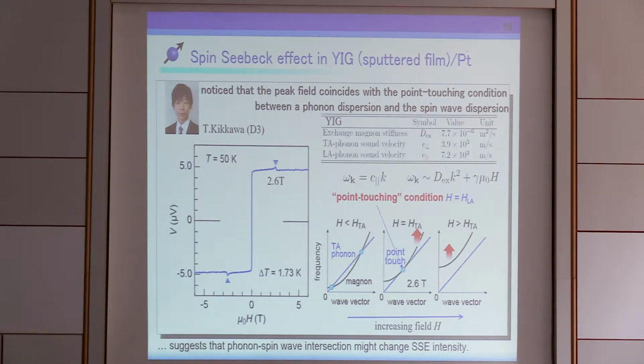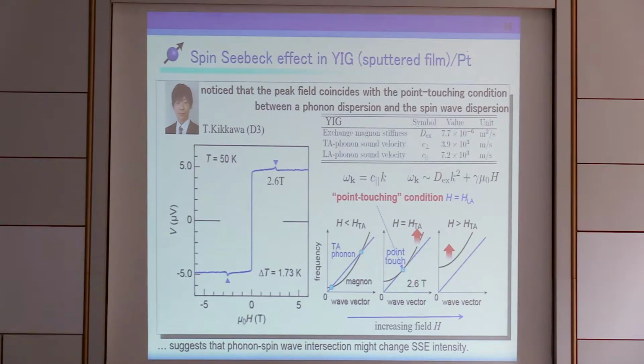And with the applied magnetic field, the spin wave dispersion is shifted to a higher frequency, but phonon does not move. So the number of intersections between phonon and spin wave changes from 2 to 1, and at last there are no intersections.